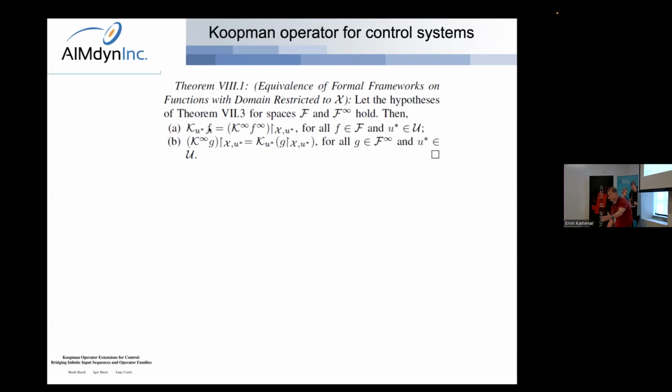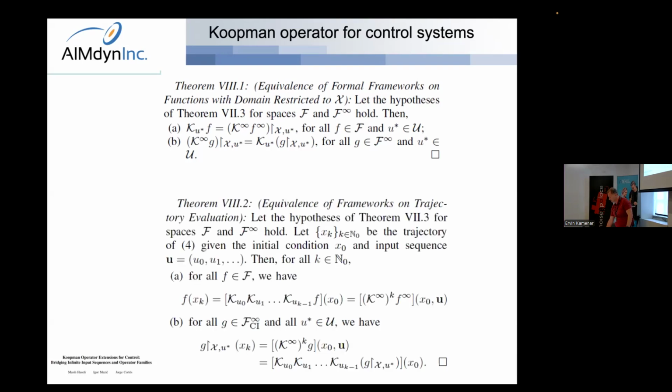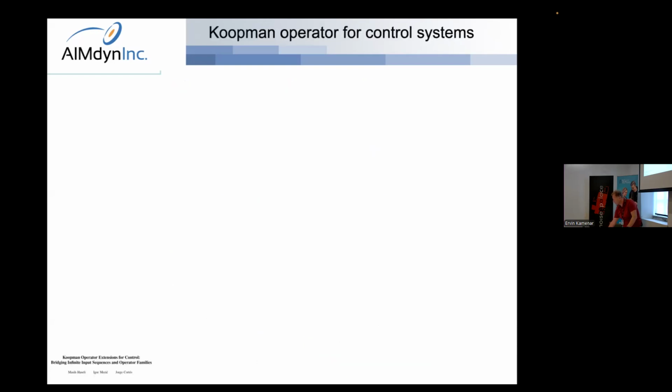So Koopman operator family evolution is equal to Koopman operator on the product space evolution. That's the result here. And then also, if you evolve F infinity starting from some initial condition with K infinity on the tensor product space, that's exactly the same as evolving it with the Koopman operator family under the two assumptions that I gave you before, that the spaces actually correspond to each other.